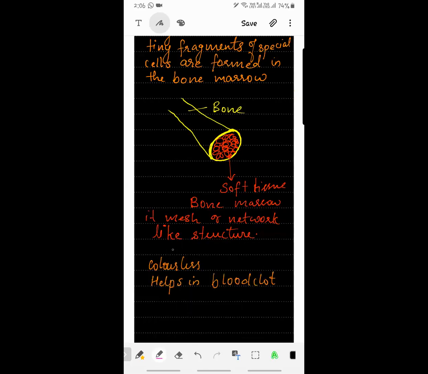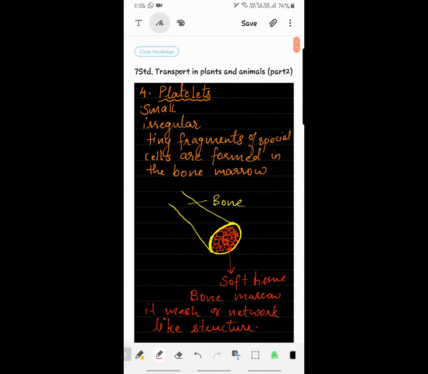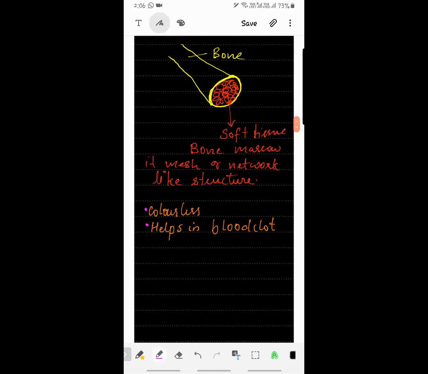Now what is blood clot? Whenever there is a wound or a small cut in the body, blood will come out. After some time you will see that a small red colored lump is formed, and the blood has stopped coming out. This is all because of platelets.